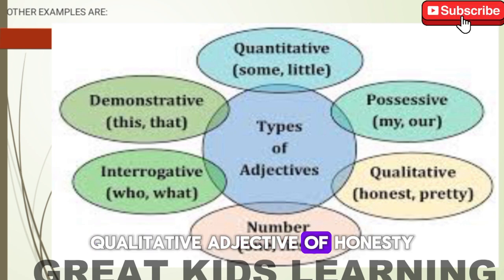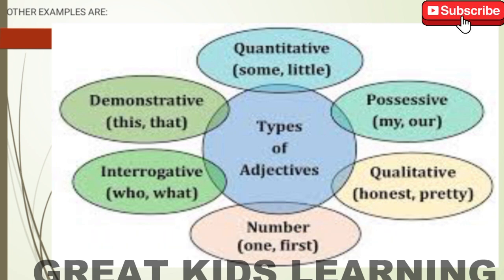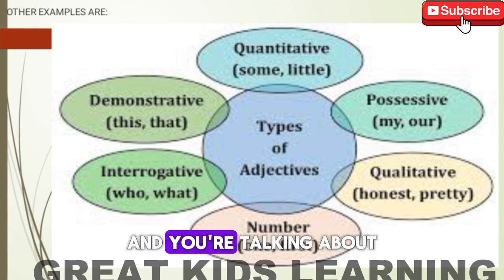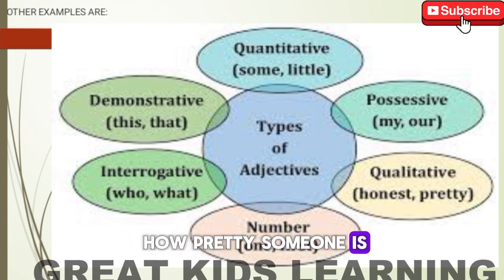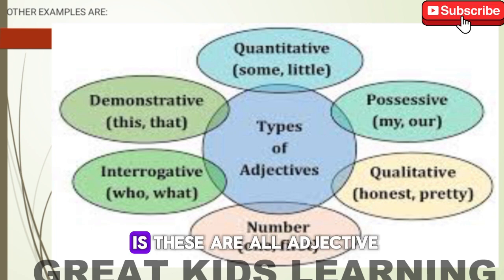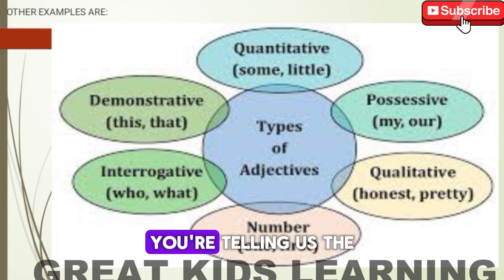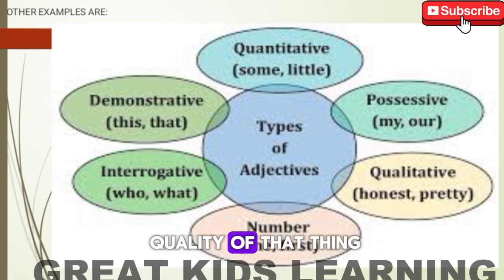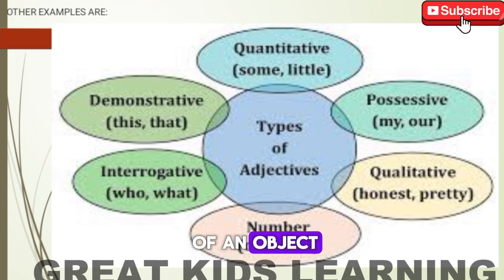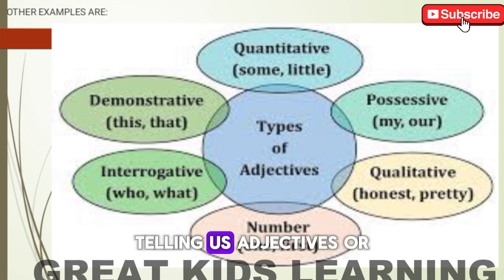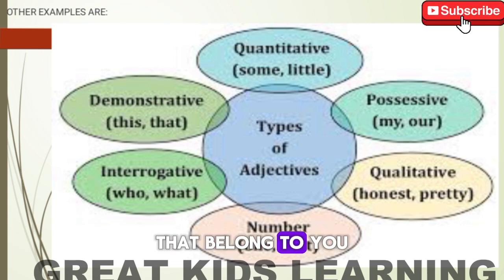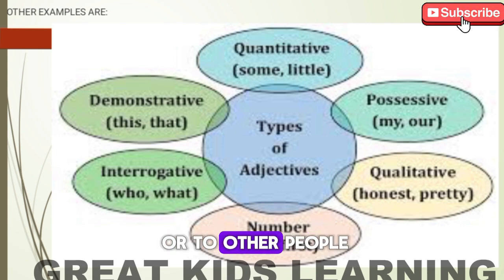Qualitative, adjective of quality. Okay. Pretty, you're talking about how pretty someone is or how ugly someone is. These are all adjectives. You are telling us the quality of that thing you have seen, either of a person or of an object. Possessive adjective, telling us about objects that belong to you or to other people.